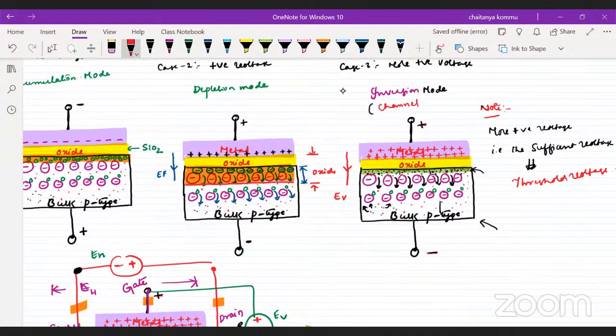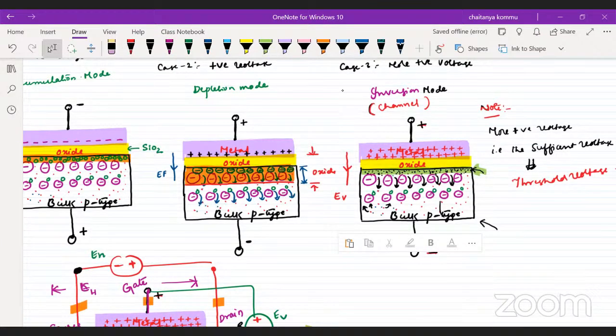Inversion mode means that when we apply positive potential on the top and negative potential at the bottom, this mechanism is called inversion mode. Particularly this region at the bottom is called the inversion layer.